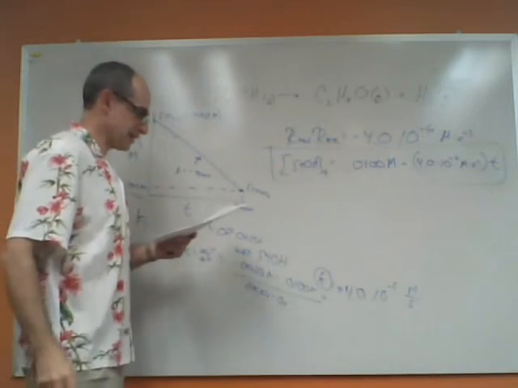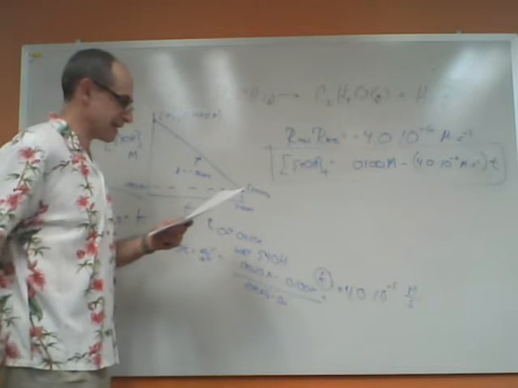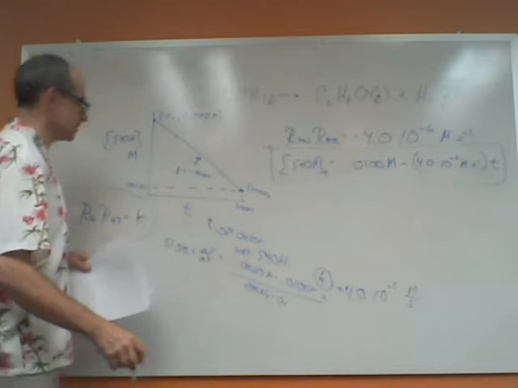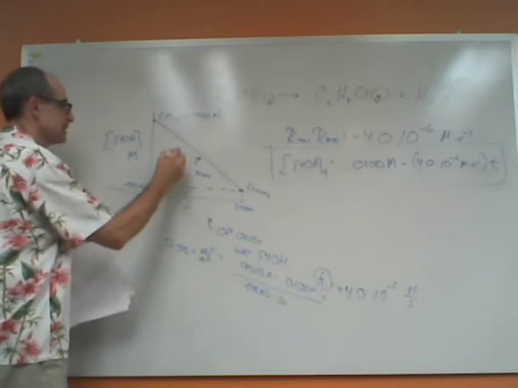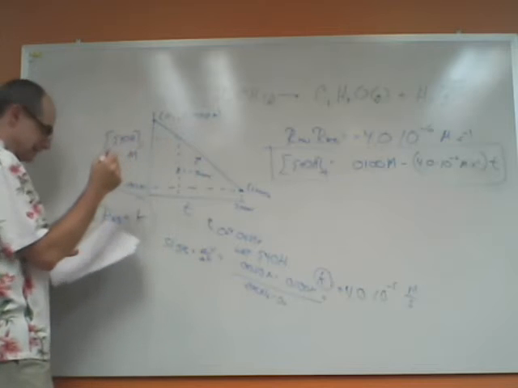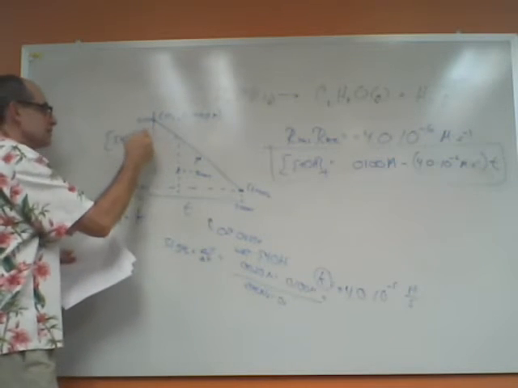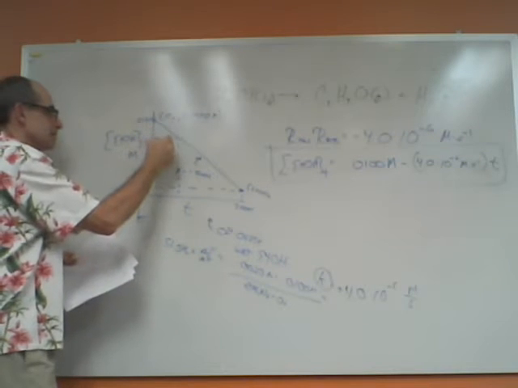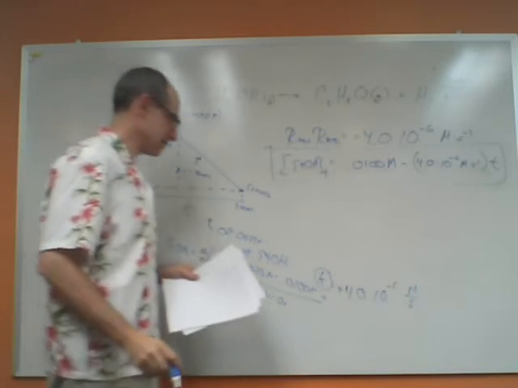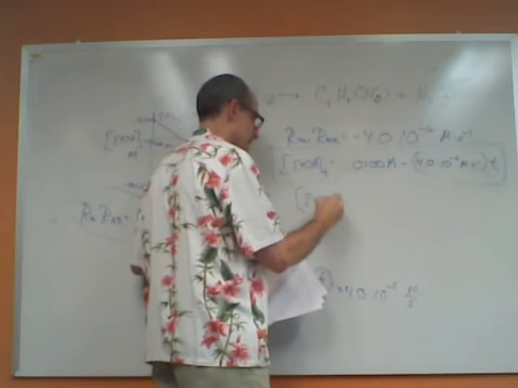And then finally, you're asked to calculate the concentration of ethanol in the vessel at t equals 800 seconds, which is right around here. You could extrapolate from the graph, and this would be about 0.0068 molar, or certainly easy enough to calculate using the integrated rate law.